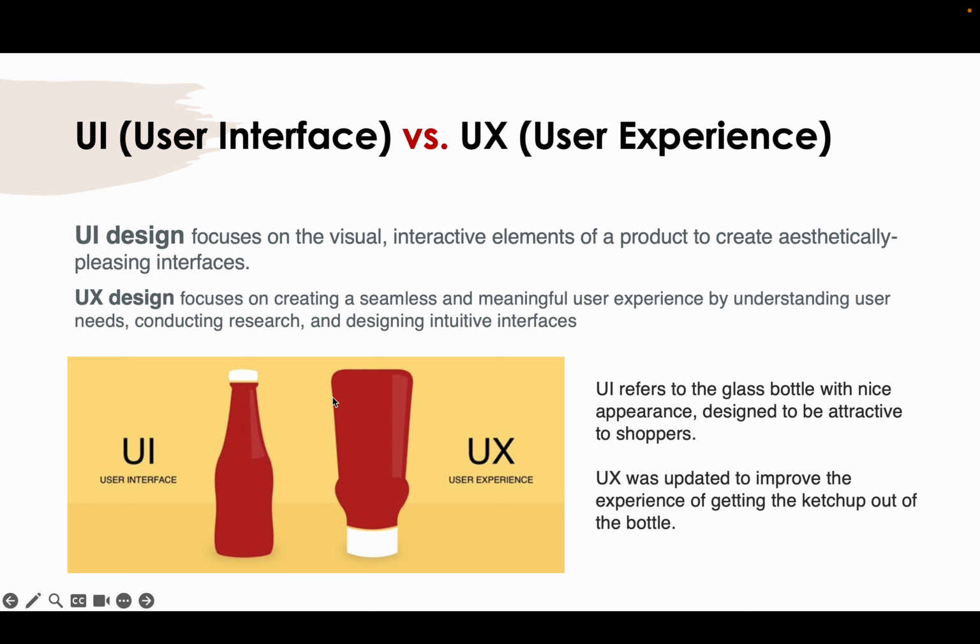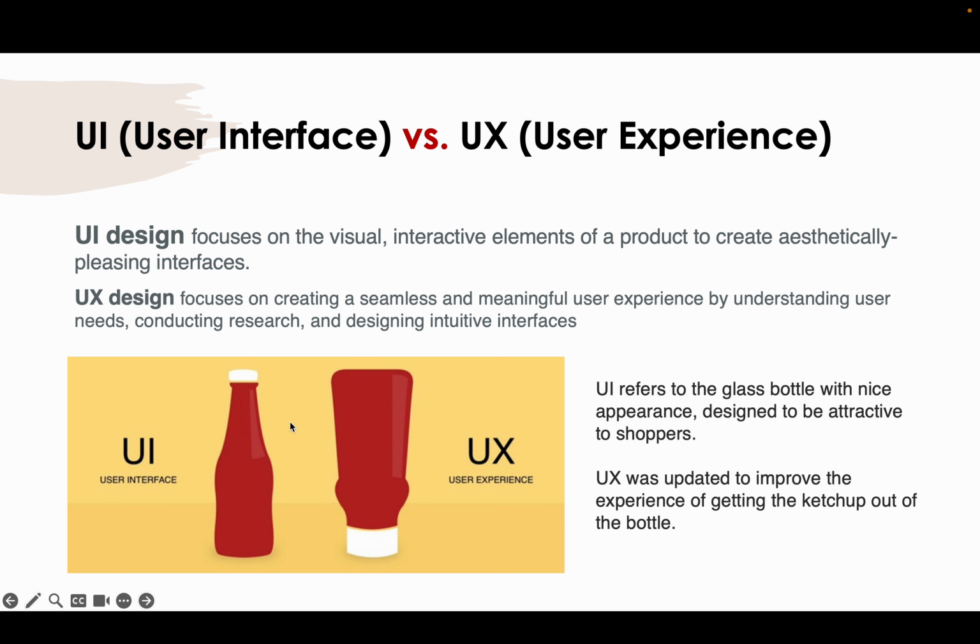Usually a squeeze bottle could improve the experience of getting the ketchup out. While the classic glass ketchup bottle might look great, when you use it, you have to shake and struggle to get the ketchup out. That would be considered a poor user experience.